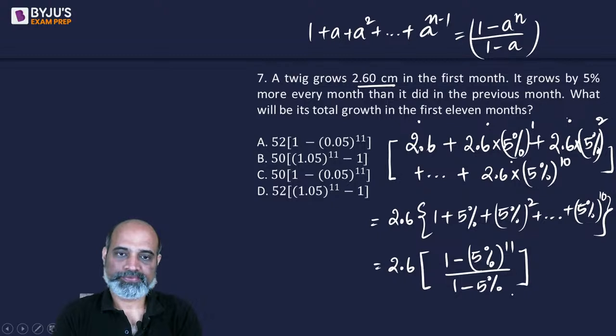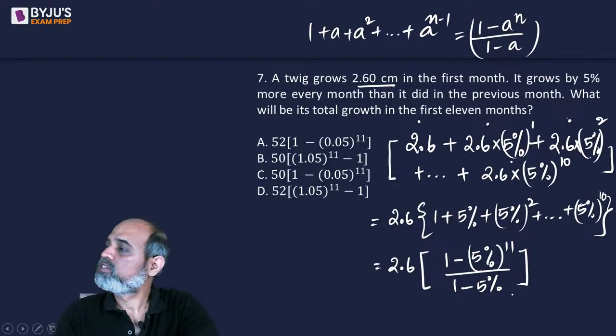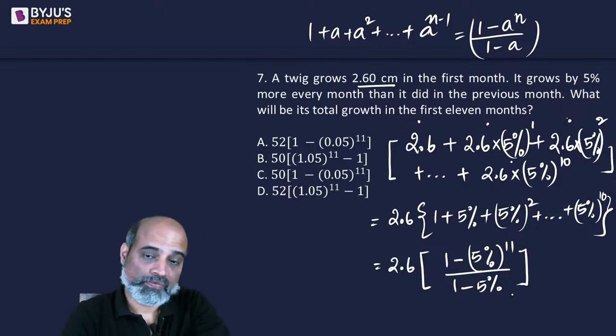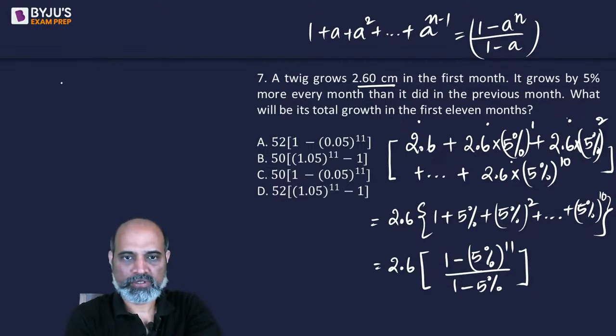So if you look at the options, we do not have a denominator, right? So 5% को 0.05 लिखेंगे, looking at the options, right?